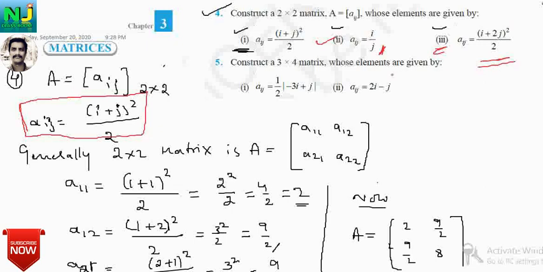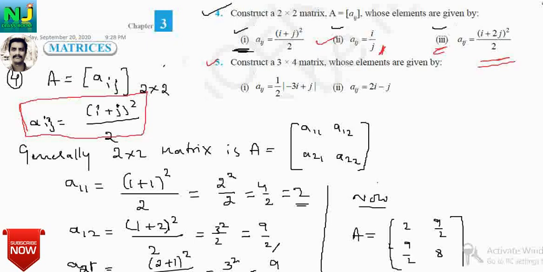Okay. So now in the same manner, look at here, we go for question number 5. What is question number 5? In question number 5 you have to construct a 3 cross 4 matrix whose elements are given by a formula.